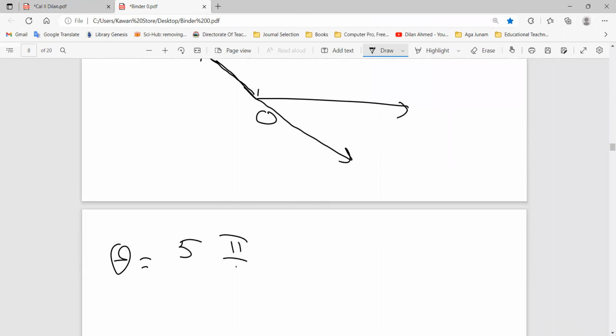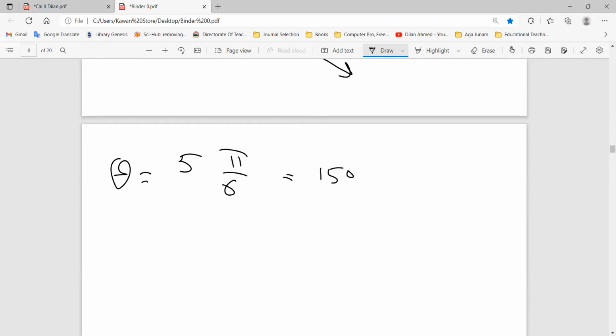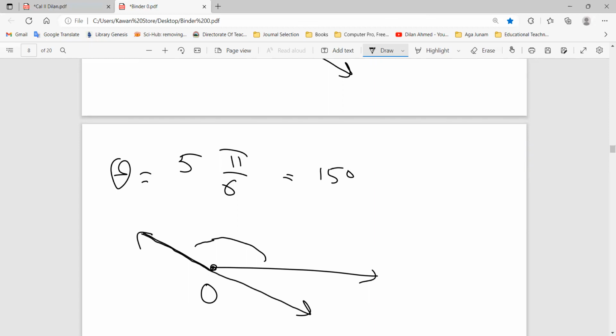5 pi over 6 is equal to 150, right? Okay, so sketch the graph of it. Here's 90, 120, and that one will be 150, 5 pi over 6. Right?